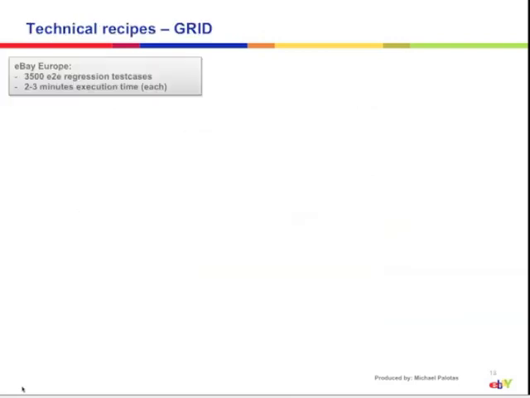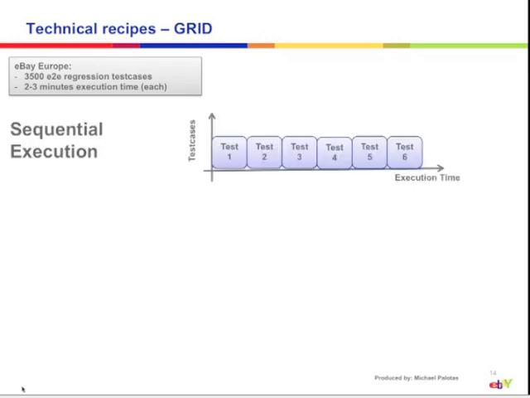So let's look a little bit at technical recipes and best practices. I already mentioned that at eBay Europe we have about 3,500 end-to-end regression test cases, and each one of them takes about 2 to 3 minutes of execution time. You fire up your browser, you do your stuff, and then you close your browser again.